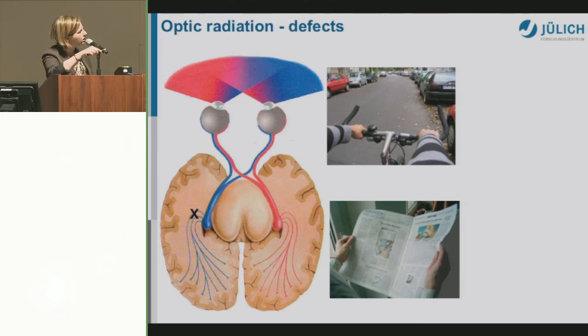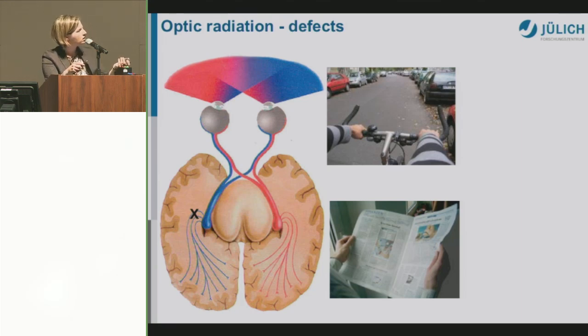So in this case, we are here on the left side of the brain. And as you see by the colors, the blue fibers connecting the different parts of the visual field. In this case, it would be the right part of the visual field, which is contained within this Meyer's loop, and particularly here, the upper part of the right visual field.